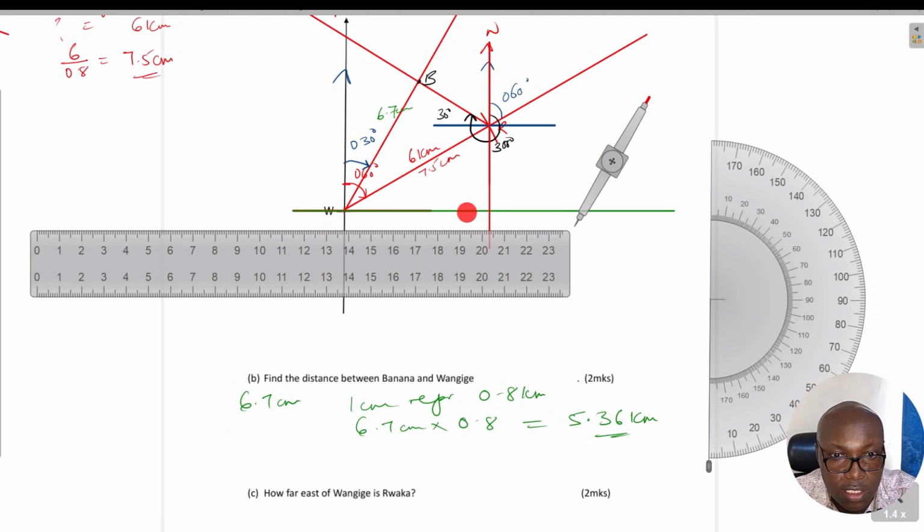Actually, this is the distance that you need from W to this point, due east. That is why I had to drop a line from Ruaka directly down, due south, and then from W, due east. So this is the distance that you need to get. Let me take that distance in centimeters, then I convert that to kilometers.